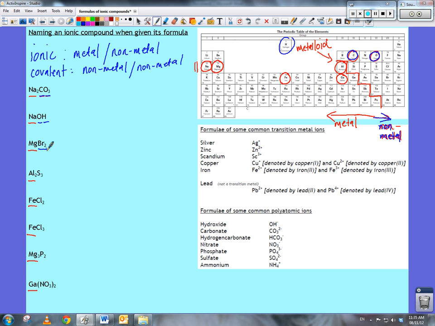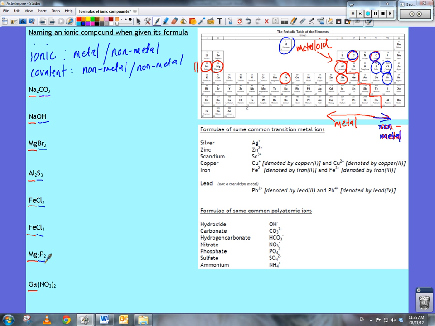Br is over here, that's called bromine. S over here, sulfur. Cl over here, chlorine, non-metal.